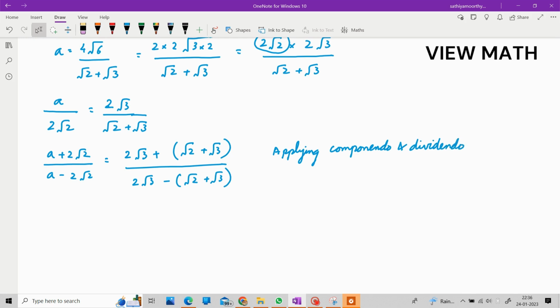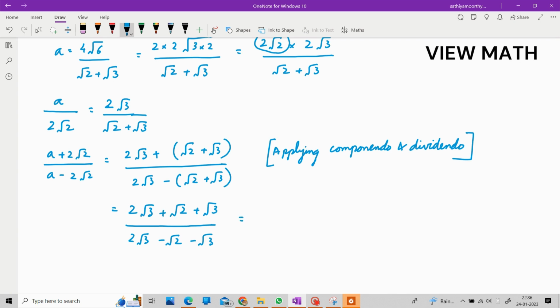Applying componendo and dividendo property, I have got this. So let me simplify it. 2 root 3 plus root 2 plus root 3 divided by 2 root 3 minus root 2 minus root 3.